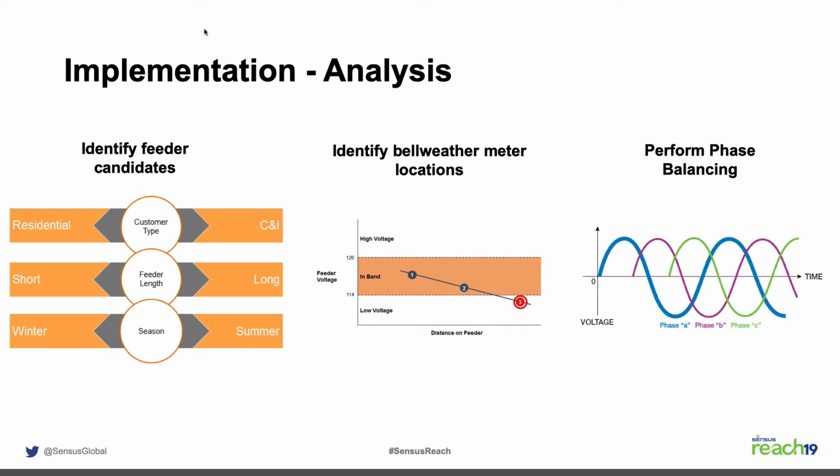And so what they ended up doing was balancing out their circuit. They identified where some loads could be reoriented to different phases, and they actually balanced out their loads. Then, once they're balanced, they're actually benefiting from the CVR piece of it as well.